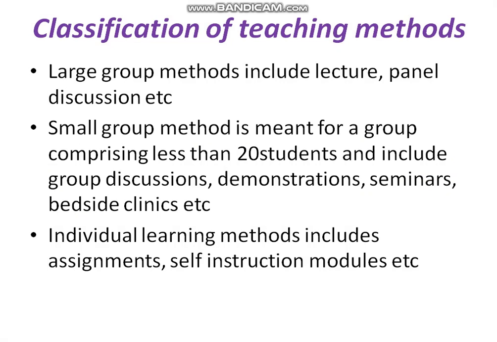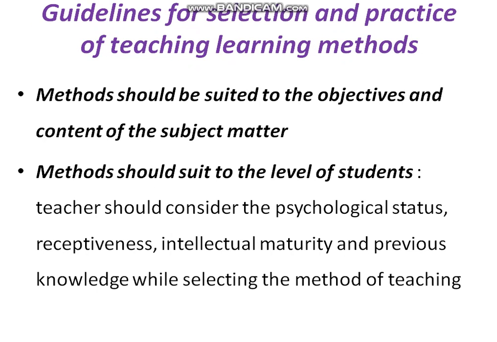The next classification is the individual learning method, which is used in order to teach each student individually, and the methods used are assignments, self-instruction modules, etc. So according to the classification of utility, teaching methods are classified as large group method, small group method as well as individual learning method. Coming to the guidelines for selecting as well as practicing teaching learning methods.